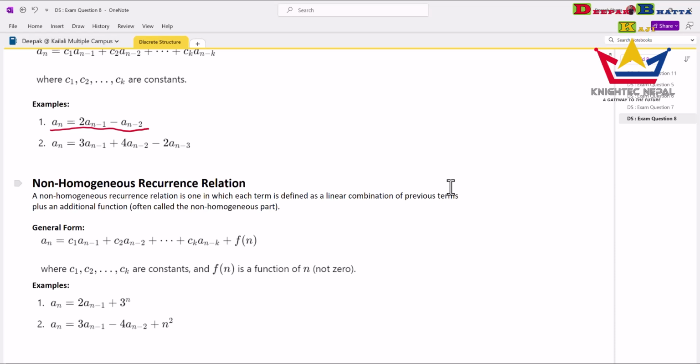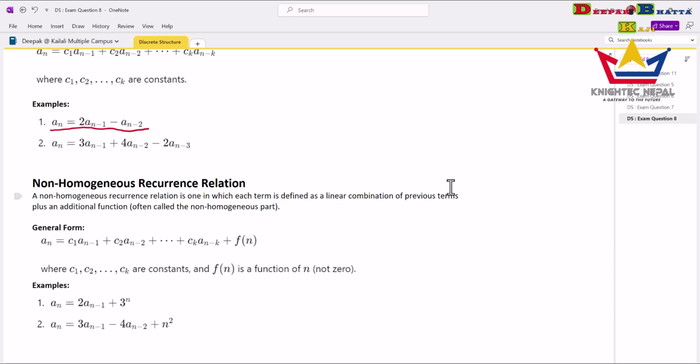So move on to the non-homogeneous recurrence relation. A non-homogeneous recurrence relation is one in which each term is defined as a linear combination of previous terms plus an additional function, often called the non-homogeneous part.